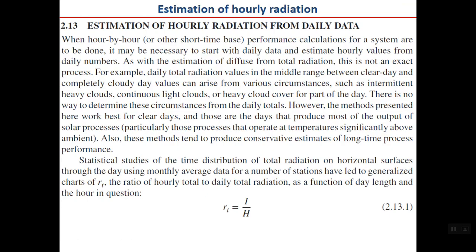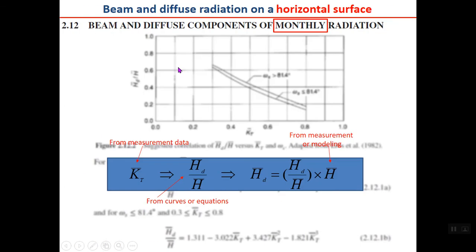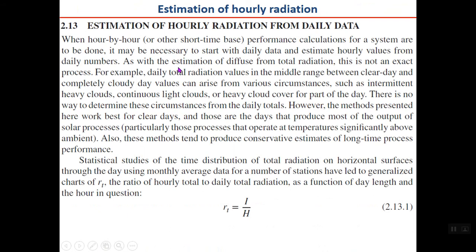The next step is the estimation of hourly radiation. From where? From daily data. As you can see, the topic of section 2.13 is estimation of hourly radiation from daily data. What does it mean? It means that in the previous section, for example last week, we calculated the total radiation on the Earth's surface per day.